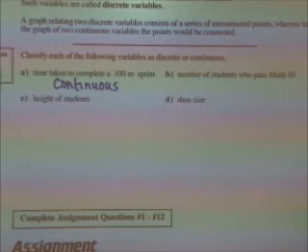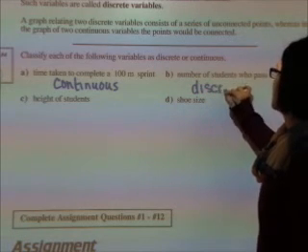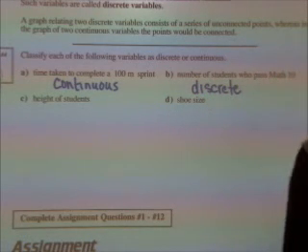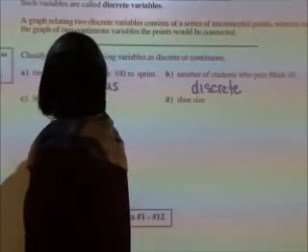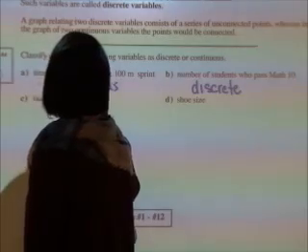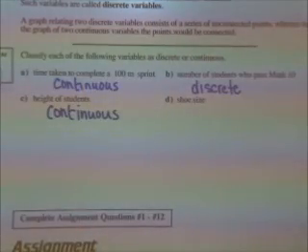The number of students who pass Math 10. That's discrete. I can't have half a student pass the course. Well, you could try. It's just not going to work. The height of students. Continuous. Again, my limiting factor would be my measuring tool.